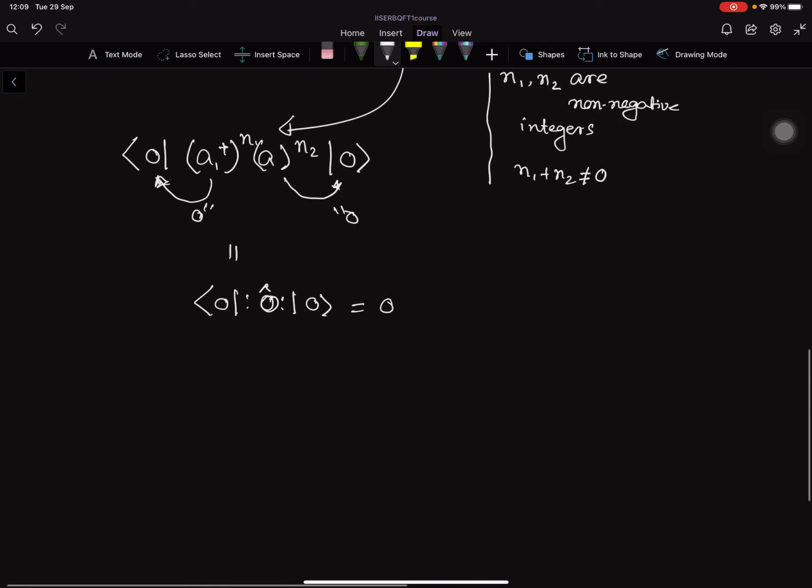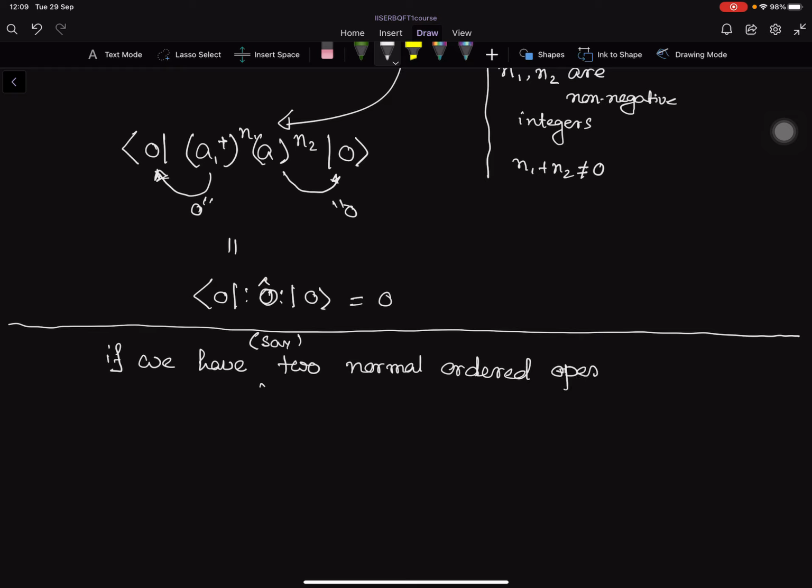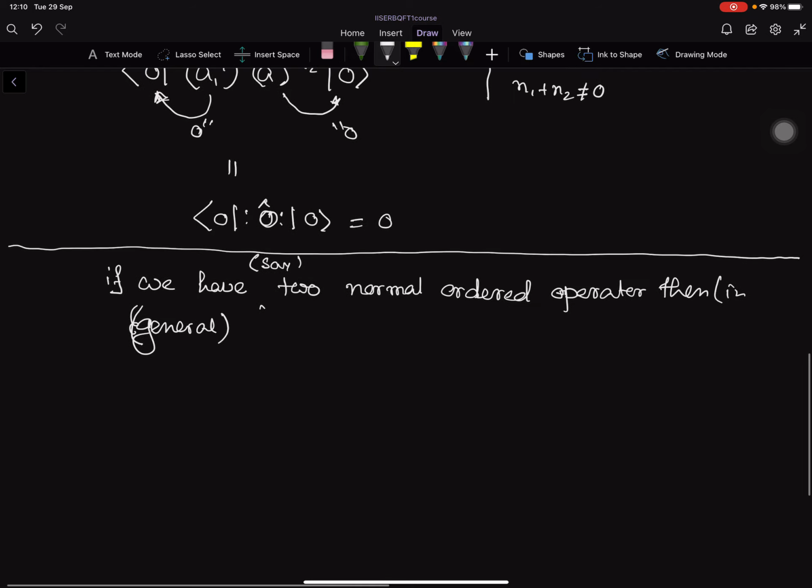Okay. Now note one thing. If we have, say, two normal ordered operators, then in general, there may be some special particular cases, but in general, here I have first taken the normal order and then the product, and this is not the same as first taking the product and then taking the normal order.